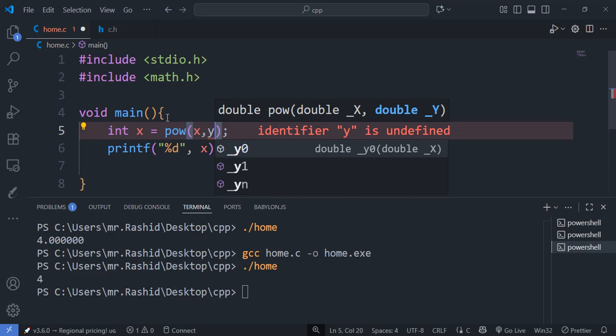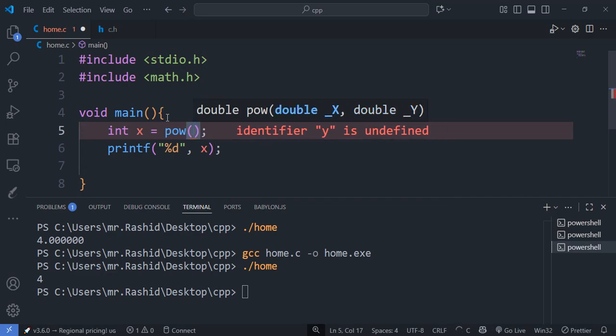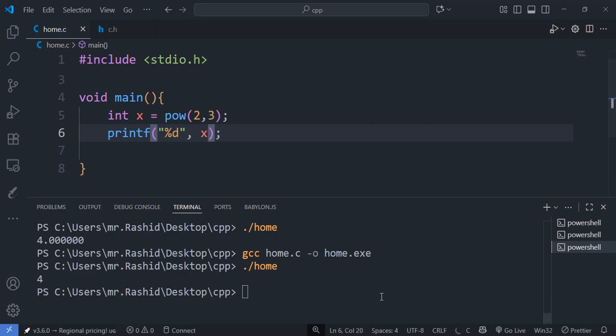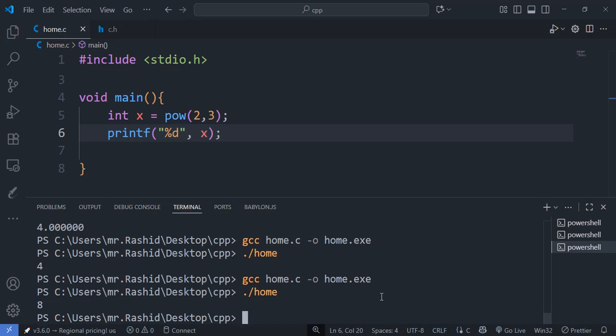For instance, if we have 2 and 3, it is going to return 2 power 3, which we know is 8. If we save, compile, and run, as you can see, we get 8 out. We can also change it to float, but we get that output.